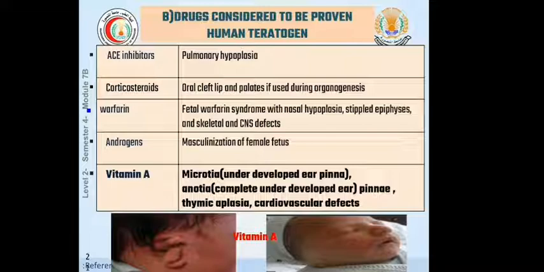Or it may lead to complete absence of the ear, which is called anotia. These congenital anomalies occur due to vitamin A given to a female who gets pregnant. It will also lead to thymic aplasia and cardiovascular defects.